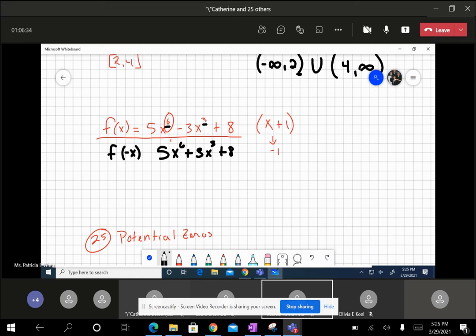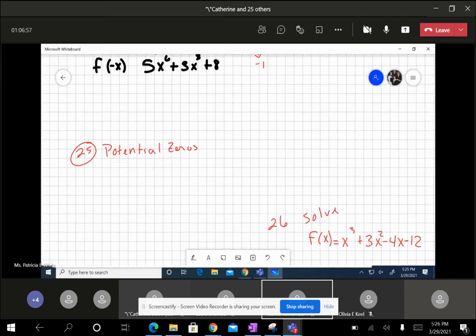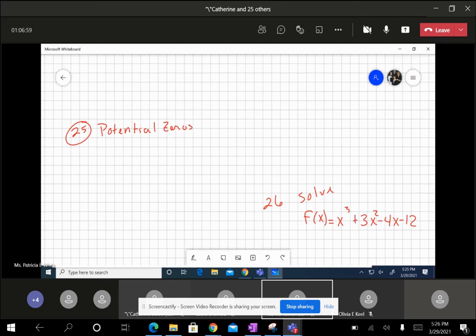Do any of my signs change? It stays positive through the whole thing, right? So I know that I have 2 or 0 positive solutions, but I know I have none that are negative. How do we find our potential zeros? 25.